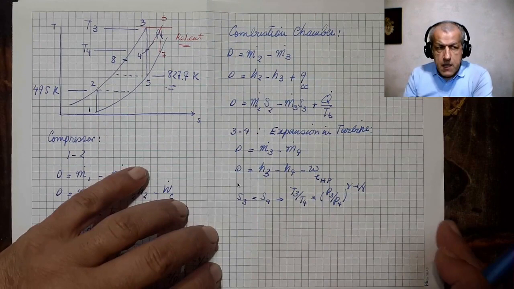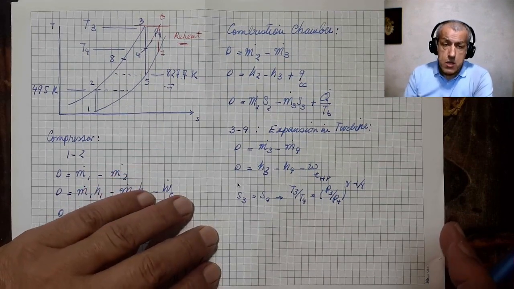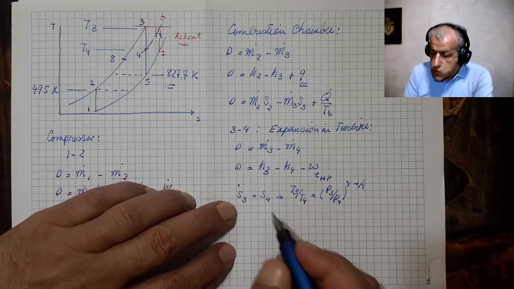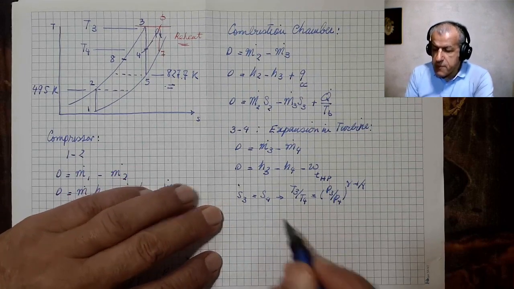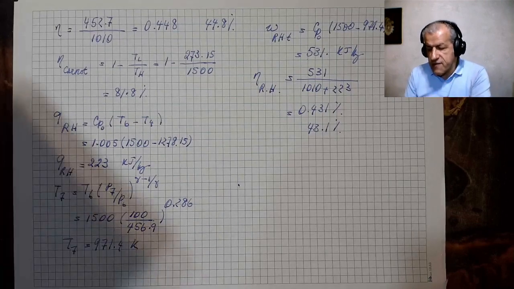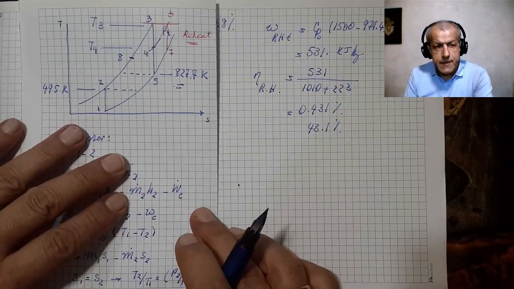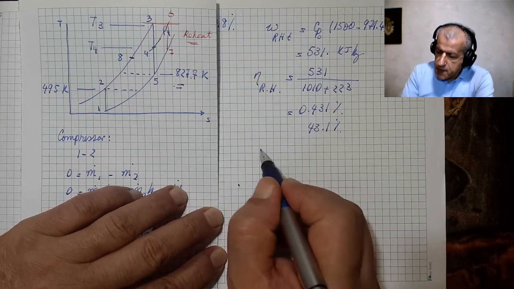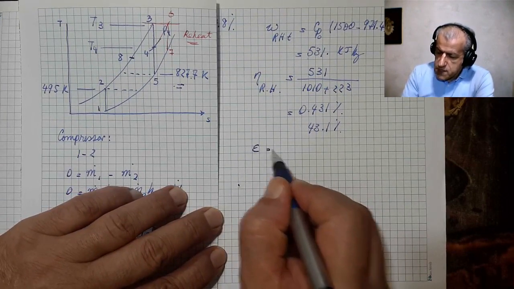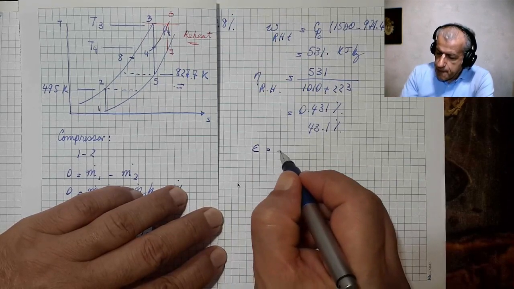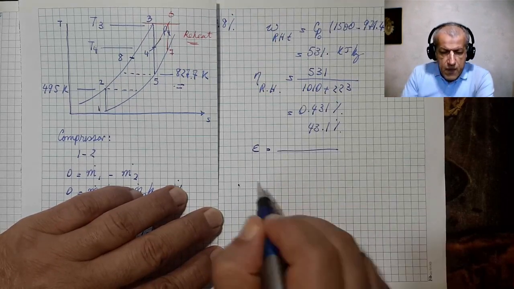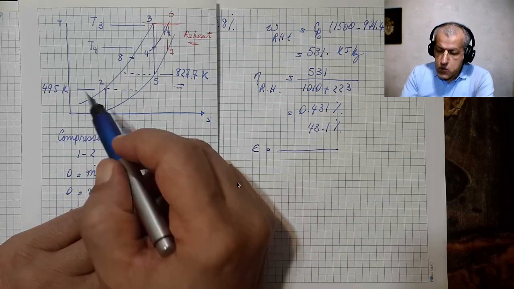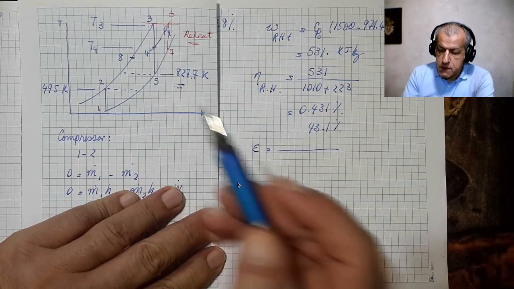Now, for the heat exchanger that should go in between, we usually define a parameter called effectiveness. And I define that parameter effectiveness here, which is, you see, the ideal point is that 2 is heated up to 7.